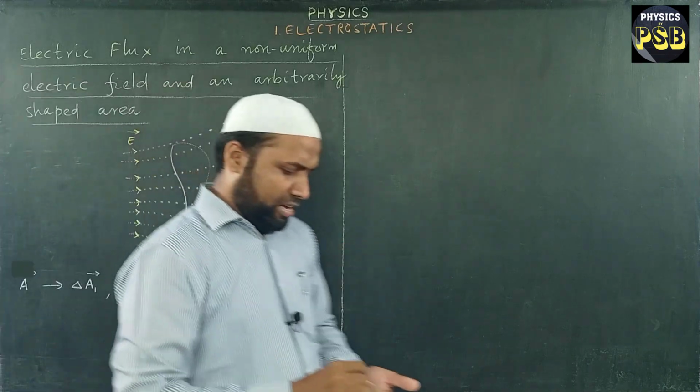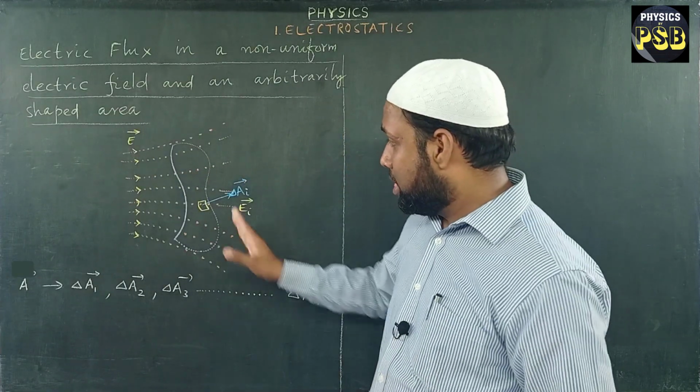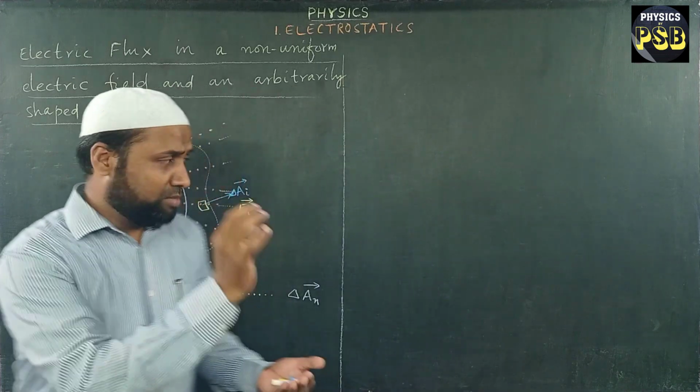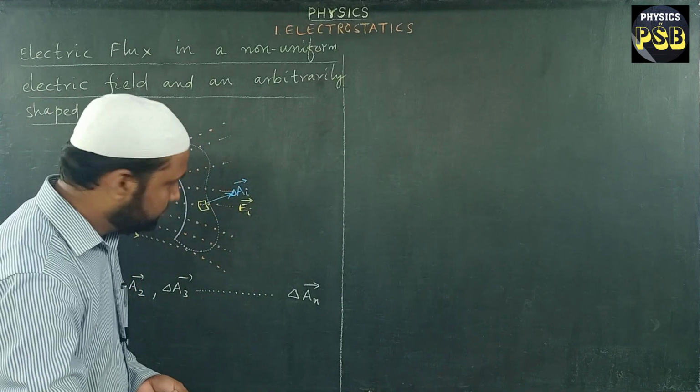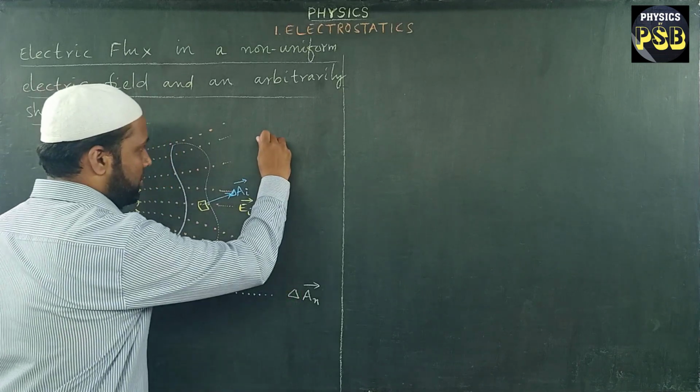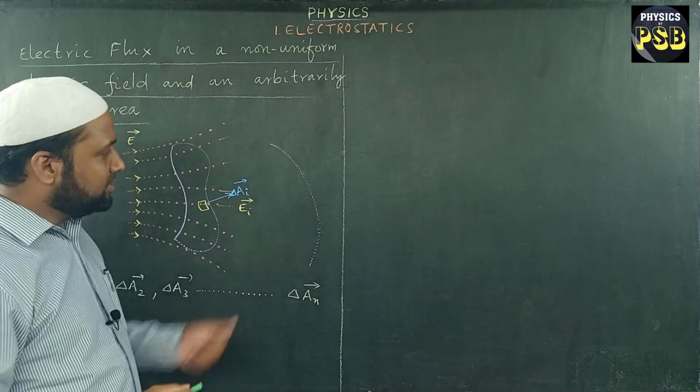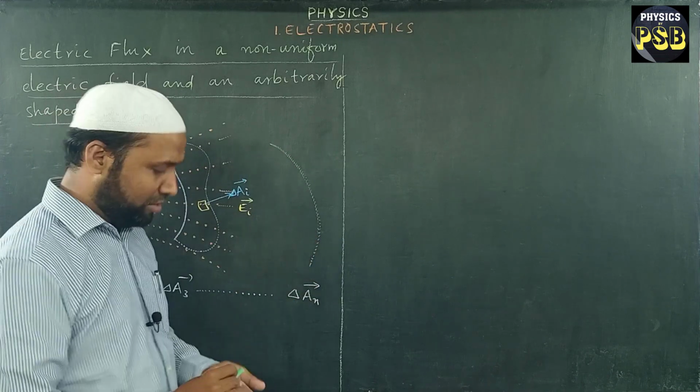Now, in simple words, I will explain with the help of a simple example what we have done here. Say, suppose I have a curved surface. This is not a flat one.